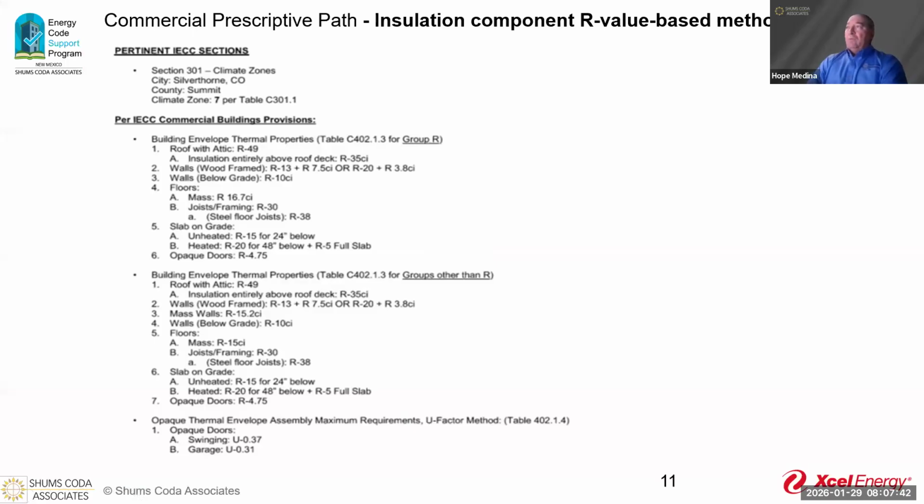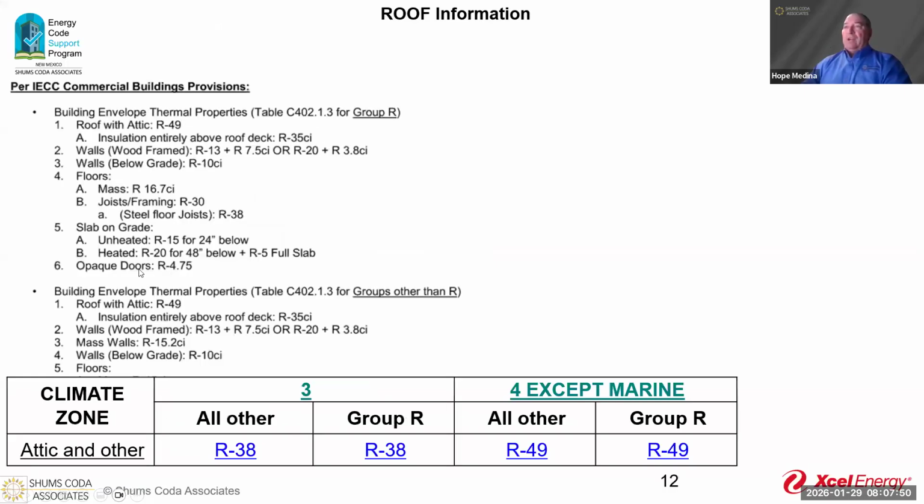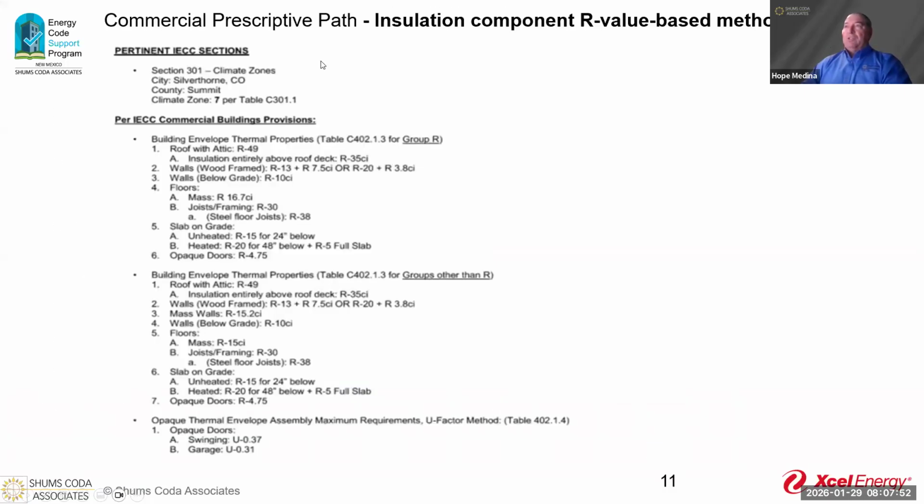When we look at this for the insulation component method, we want to make sure that our plans show what's happening and exactly where we're at. On this one, you can see that we're in Silverthorne. We've got the city, and we're in the right climate zone, climate zone 7.